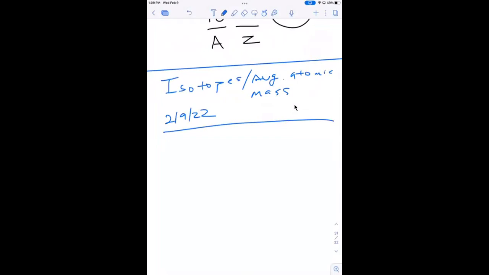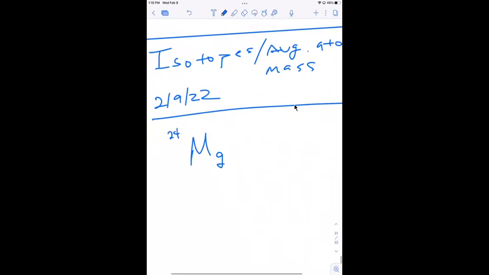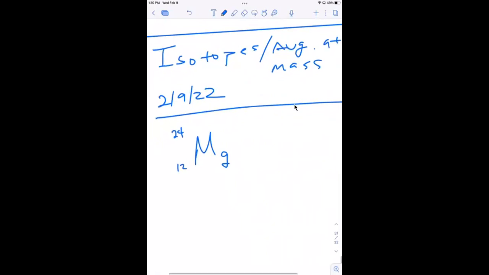All right, so let me first talk about ways to illustrate isotopes. Magnesium exists as 3 different isotopes: magnesium 24, 25, and 26. So if we have the element magnesium, the way you will see this written, if you're talking about the isotope, is you'll see the atomic mass here and the atomic number here.